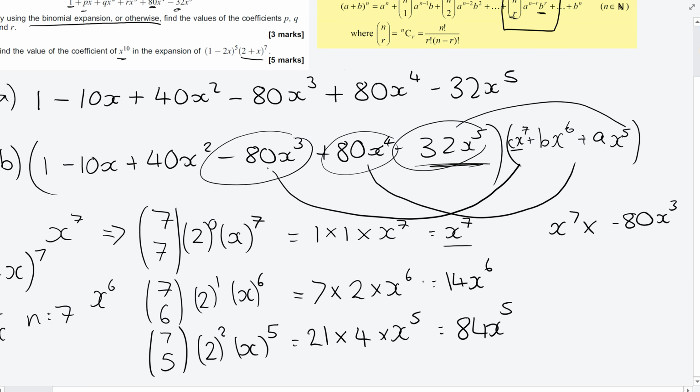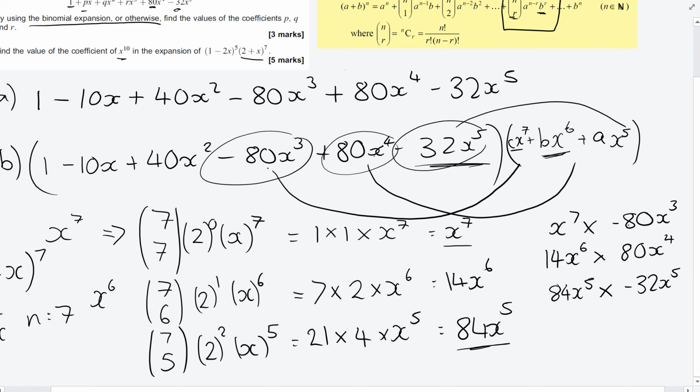Okay, my 14 x to the 6 is going to be multiplied by plus 80 x to the 4. And my 84x to the 5 from here is going to be multiplied by minus 32x to the 5.